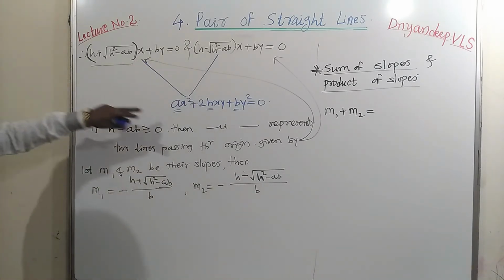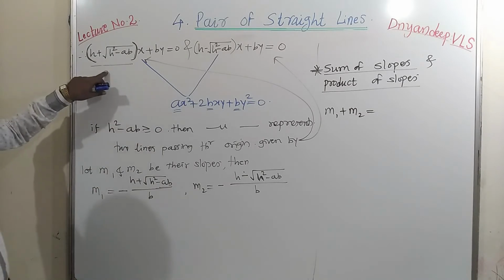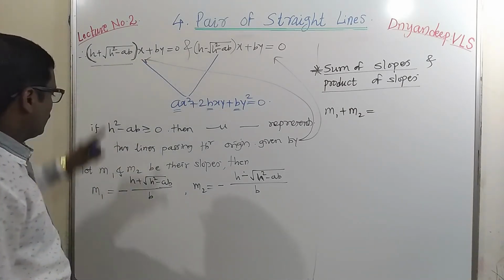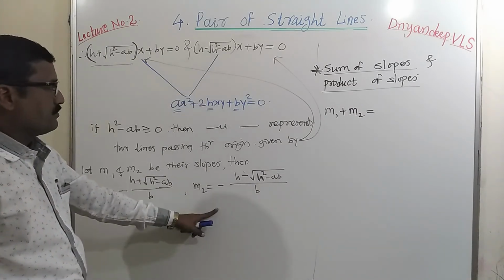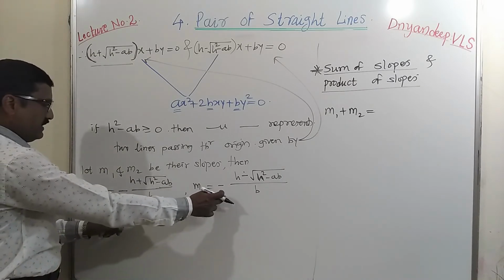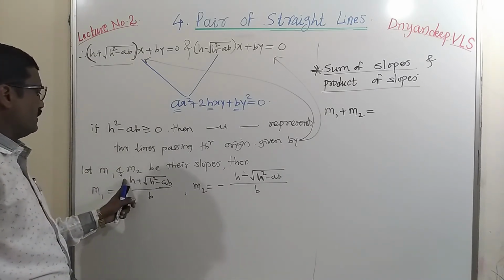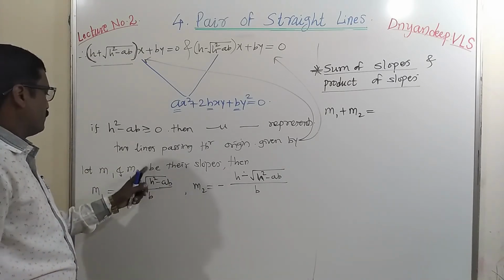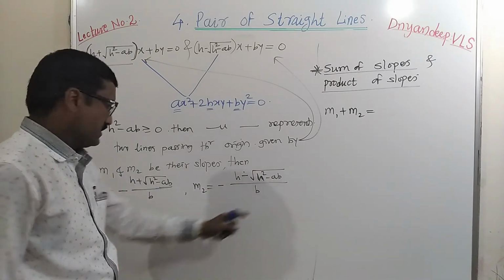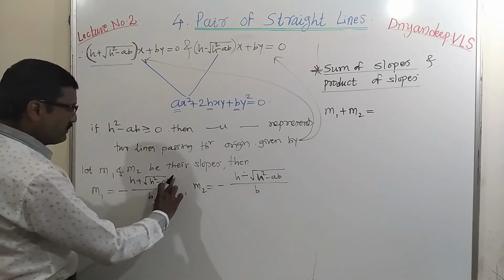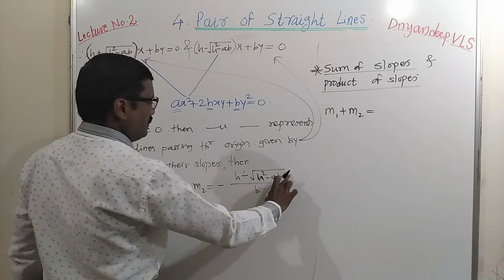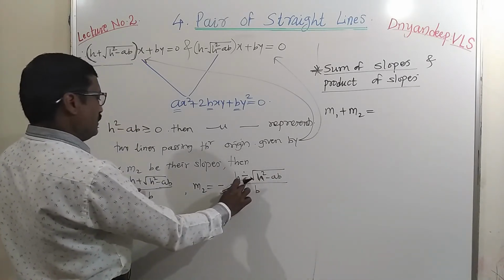Okay, so whenever a combined equation is given, you must know the separate equations of those two lines. From that, write the slope of the first line, write the slope of the second line, take the addition of these two. Negative remains as it is. So minus h upon b plus minus this upon b. Here the second term is the same, root h square minus ab upon b, but they have opposite signs.